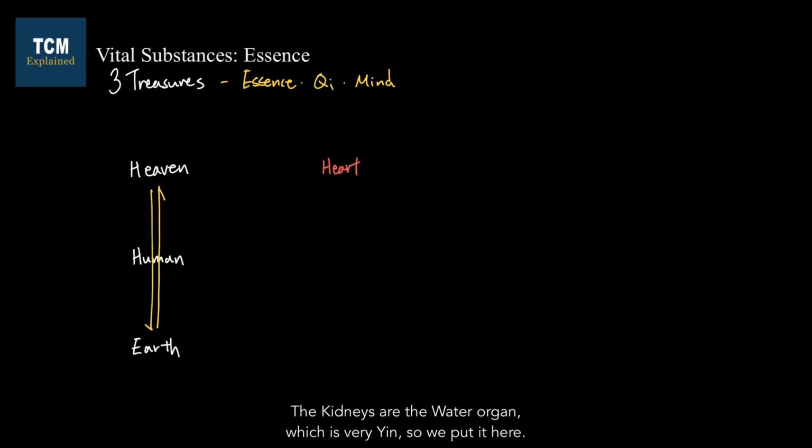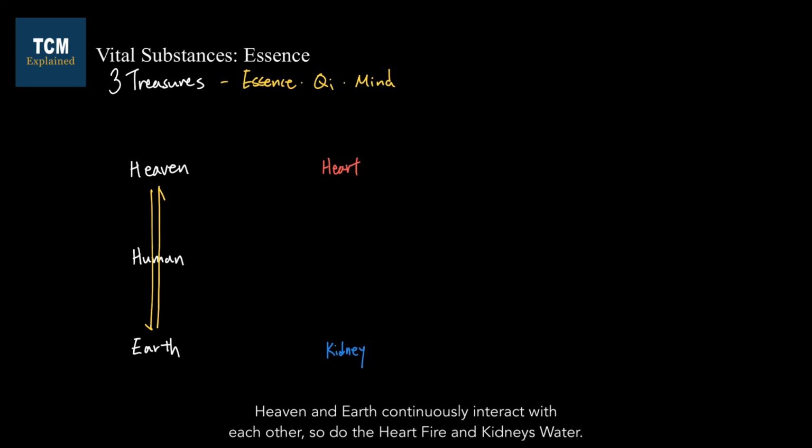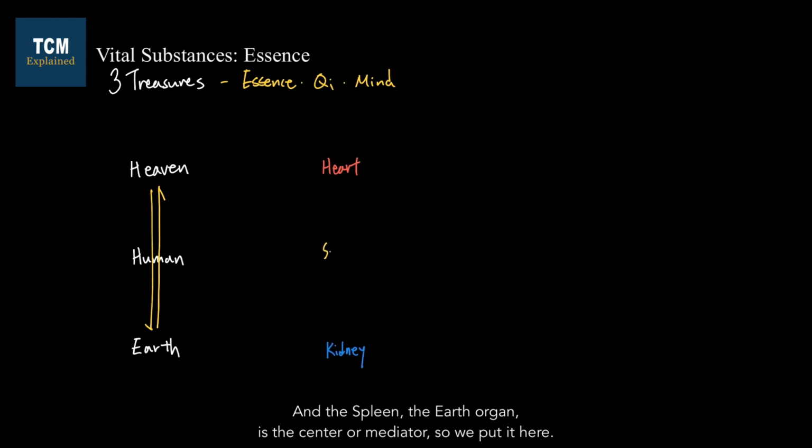The kidneys are the water organ, which is very yin, so we put it here. Heaven and earth continuously interact with each other, and so do the heart fire and kidney water. And the spleen, the earth organ, is a center or mediator, so we put it here.